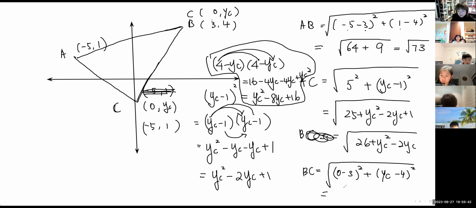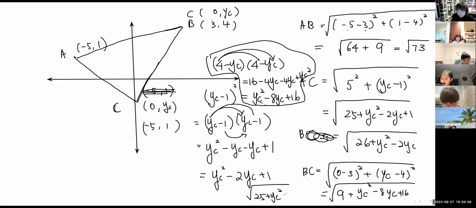Correct, everybody? So 0 minus 3 equals negative 3. Negative 3 times negative 3 equals 9 plus, 好，我这里已经帮你们做好了 YC squared minus 8YC plus 16, square root. So equals 25 plus YC squared minus 8YC.